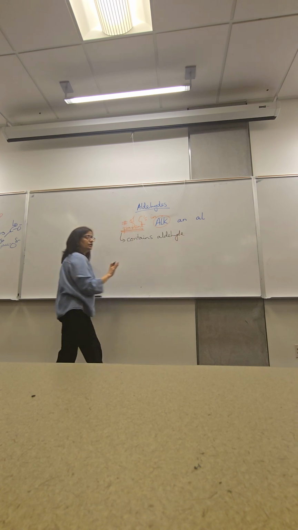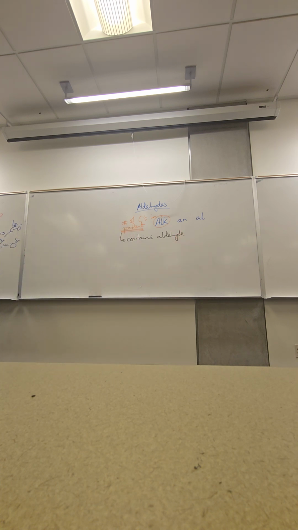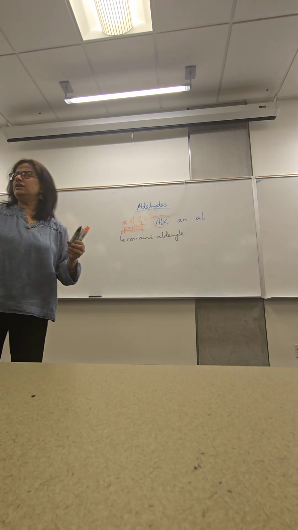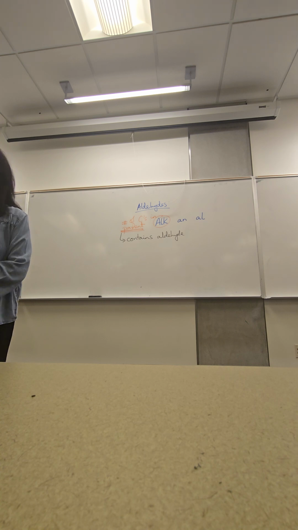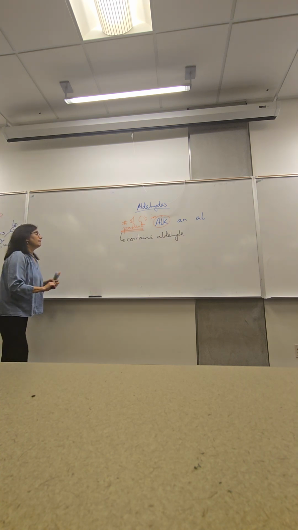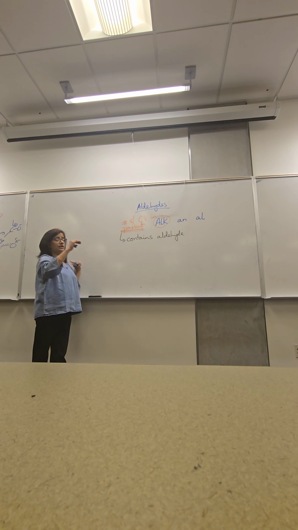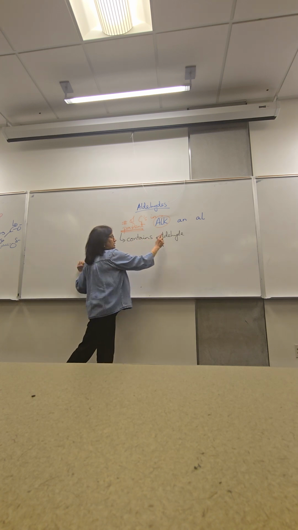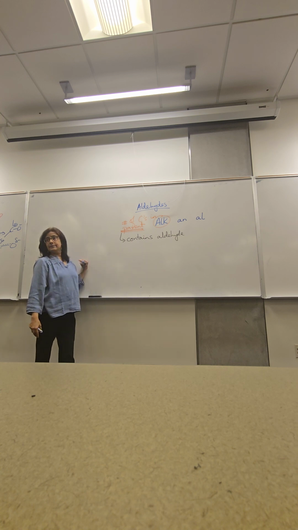Everything else that we've learned so far is lower in priority than aldehyde. Alcohols or alkenes, alkynes, benzenes, whatever we've seen so far, they are all lower priority compared to aldehydes. So that becomes highest priority. Even if that means you're choosing the smaller chain, it should contain the aldehyde group.